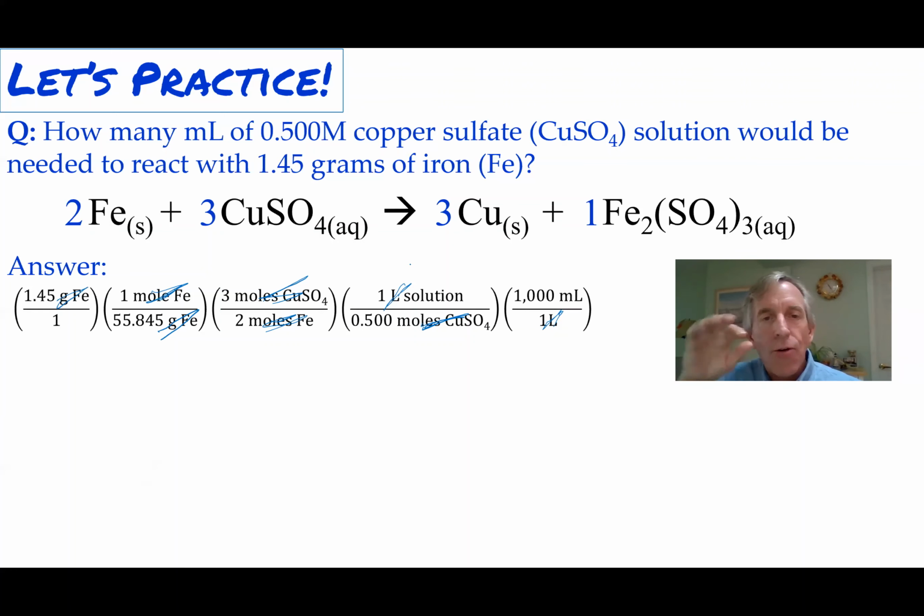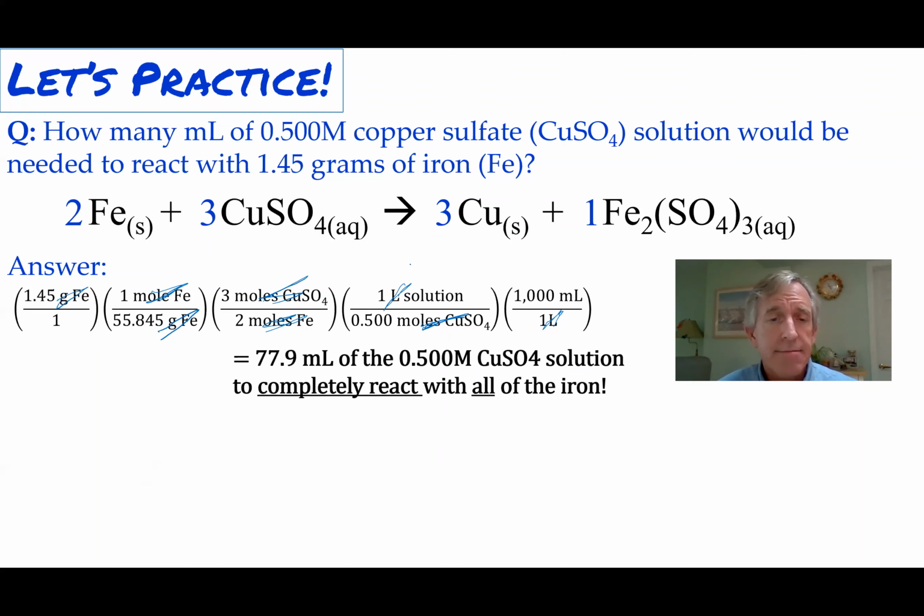In your head or on a calculator, I know you can do it, but in all honesty, I've seen students make so many mistakes on multiplying by 1,000 or dividing by 1,000. They knew there was 1,000 involved somewhere. Put it in your dimensional analysis.